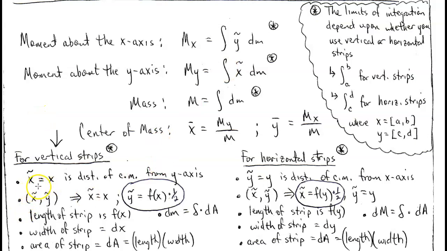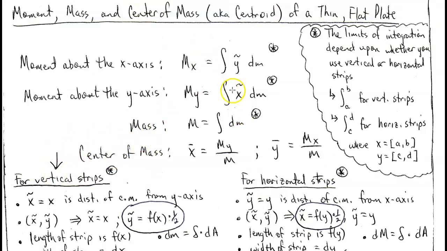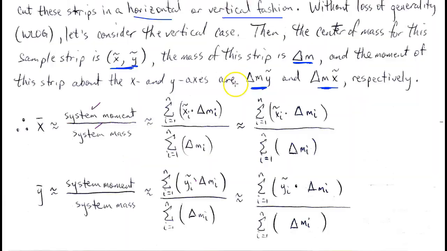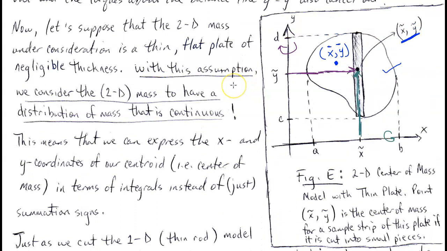So if we go down here for vertical strips, notice here that our x tilde is going to be just the same as x. And I'm going to explain why that is. So I'm going to go back to the drawing that I had earlier. When we have a vertical strip like you see here, notice that this distance from the origin to here is an x value, but the x value is x tilde.